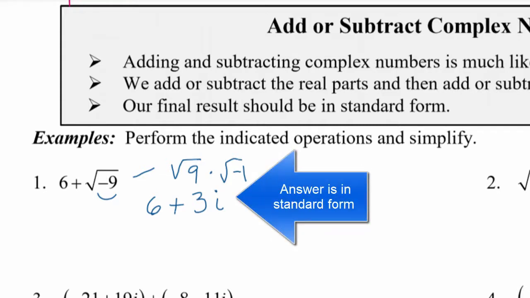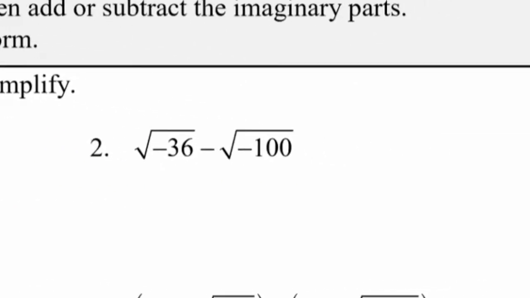Let's go to number 2. Now you've got the square root of -36, and then you're going to subtract the square root of -100. Again, your first step will be, as I used to say in class, pull out an i. It kind of reminds me of a vampire movie or a zombie movie, where they're pulling out eyes. But no, what you are doing is rewriting this with an i.